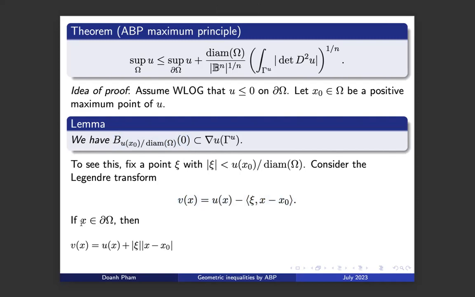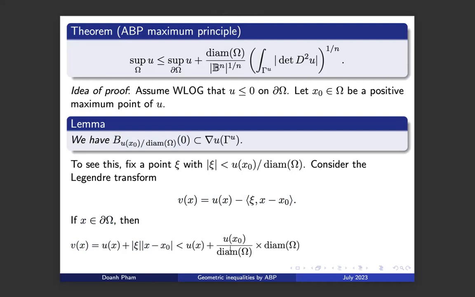And we observe that if x is on the boundary, then V(x) is less than or equal to U(x) plus the norm of psi multiplied with the norm of x minus x0.